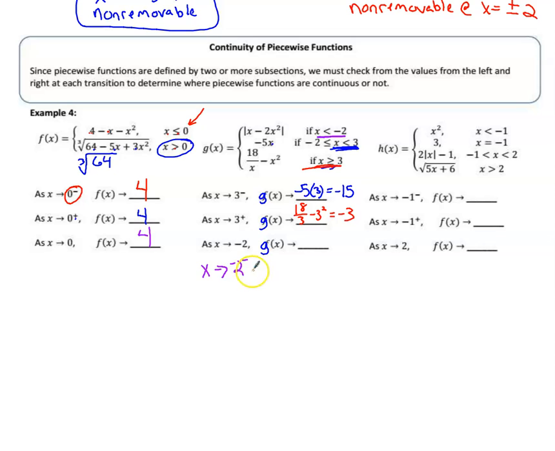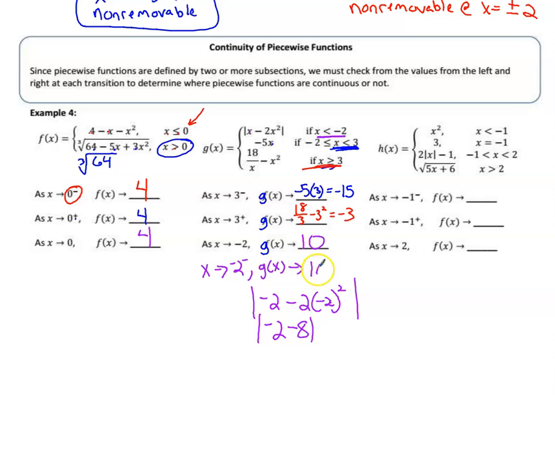Okay, let's see what it gets to. If I plug in negative 2 there, negative 2 minus 2 times negative 2 squared. Well, exponents first, that's 4. So that is negative 2 minus 2 times 4, which is 8. So negative 10. So the absolute value of negative 10 is positive 10.